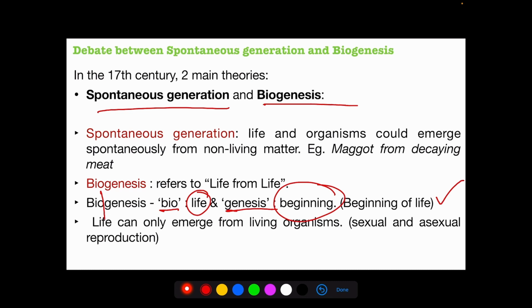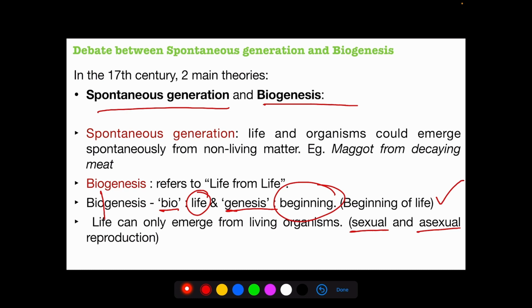And so now we've gotten to know that they were describing reproduction, which may either be through sexual or asexual reproduction.